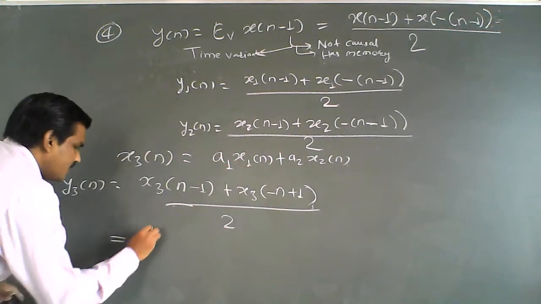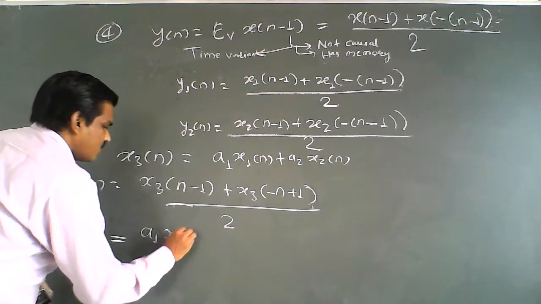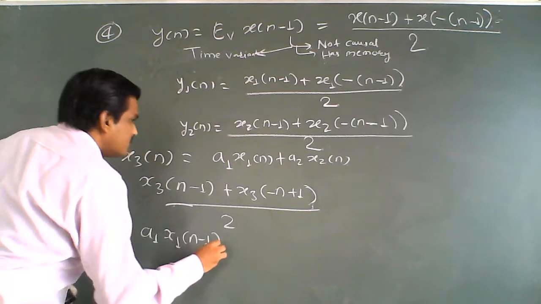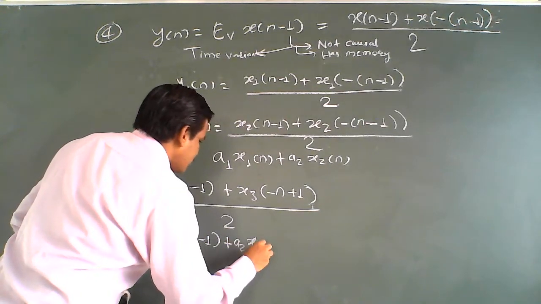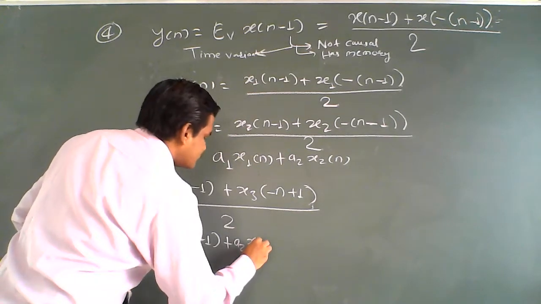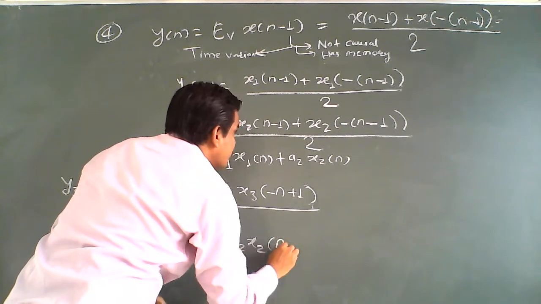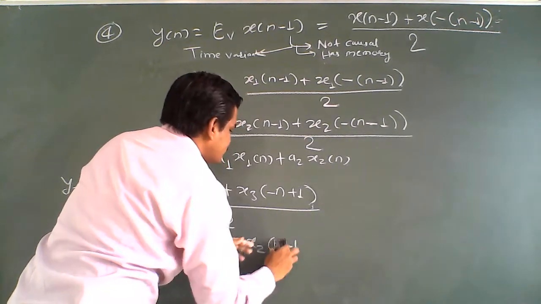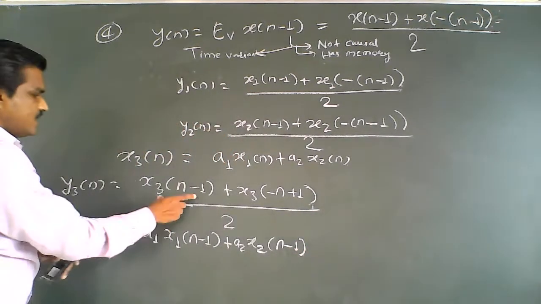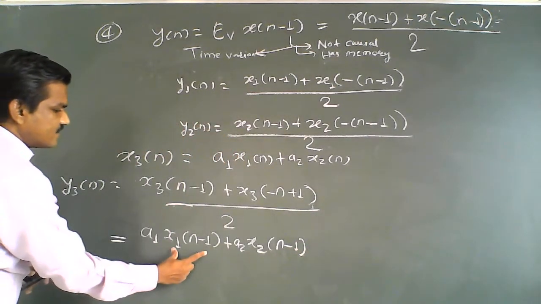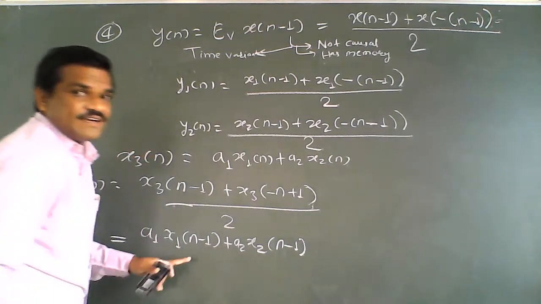So I write x3 in terms of x1 and x2: a1 x1 of n minus 1 plus a2 x2 of n minus 1, divided by 2.